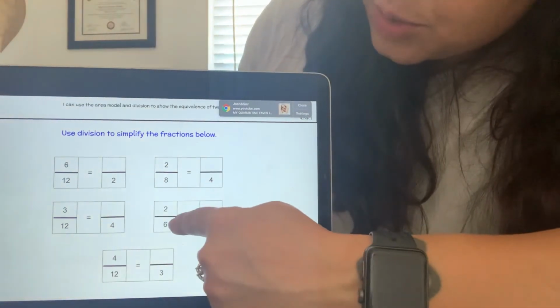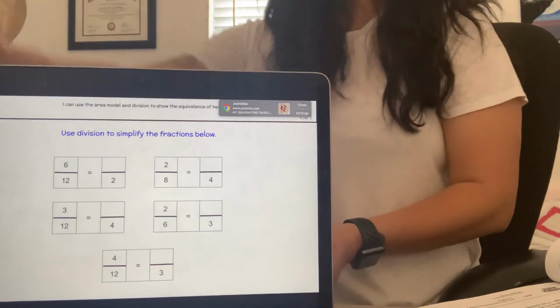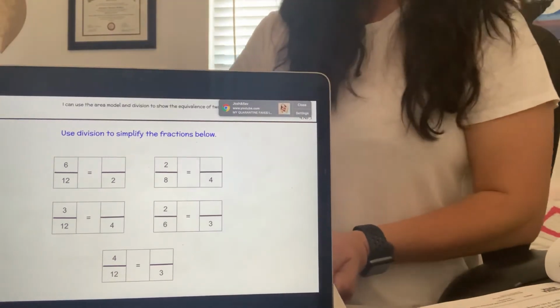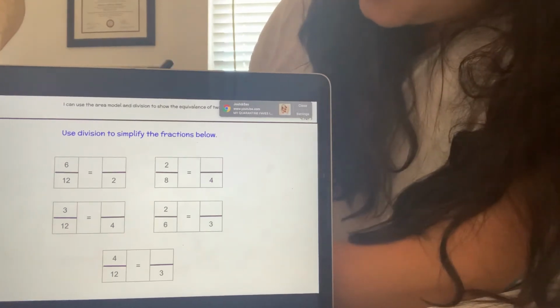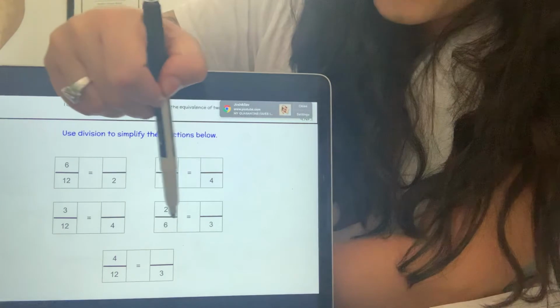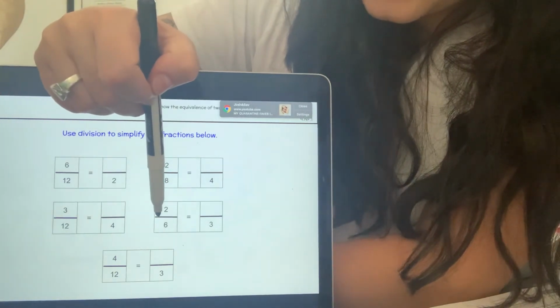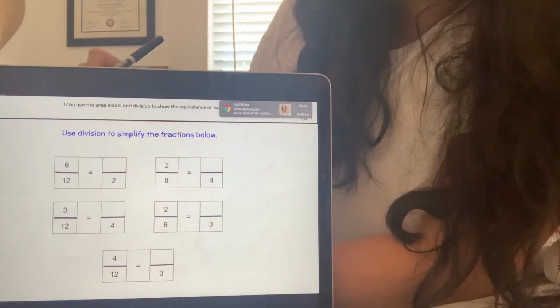Okay, 2/6 is equal to blank over 3. I wonder what that will be. So I'm going to write it on the whiteboard here. How many times can 3 go into 6? 2. So they divided 6 by 2.